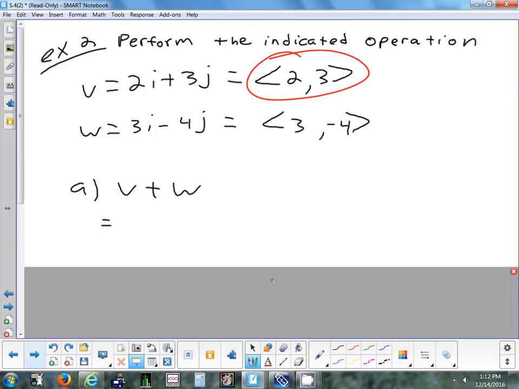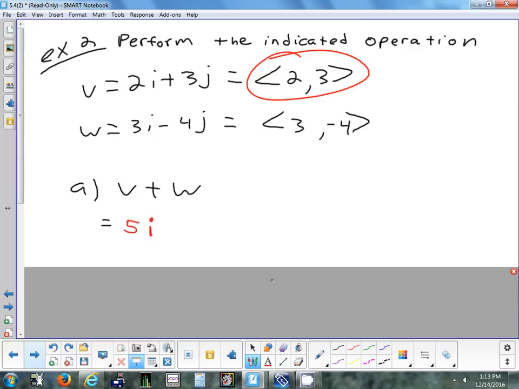All right, so I want to add these up. So basically, look at the numbers in front of I, add those up. Look at the numbers in front of J, and add those up. So let's start with I. If I add up my horizontal components, what would I get for V plus W? So 5, and let's do it with the I notation first.